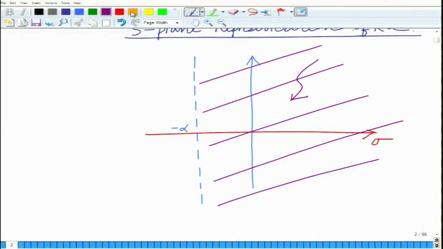So this is your j omega axis, this sigma is the real part of S, this is the imaginary part of S, and this is the ROC.